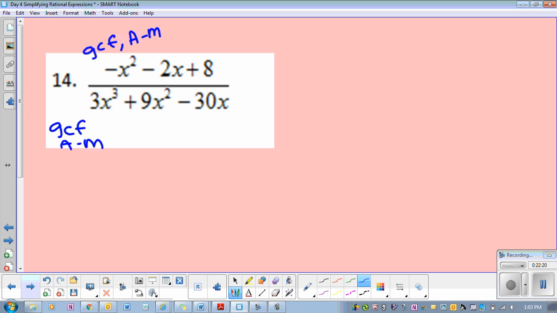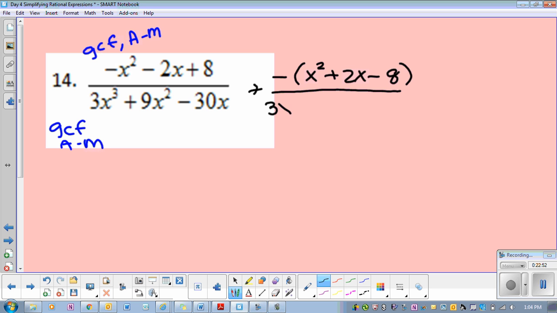So this is going to become, if I take out the negative, and you must take out the negative or else it's not going to work. That means I divided the negative out of every single term. And then down at the bottom, you see how every single one of these terms has an x, and they're all multiples of 3. So 3x can come out.